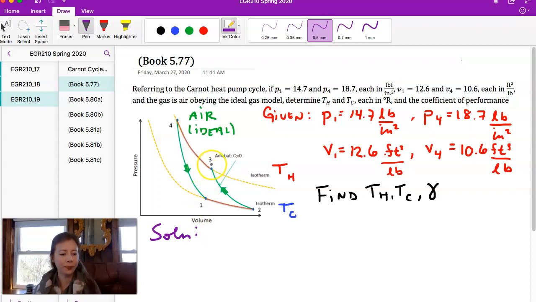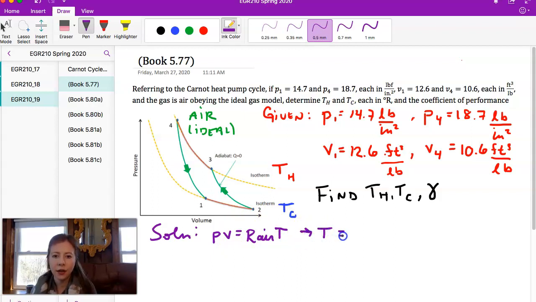Okay, so let's go forward with the solution. A good starting point, considering we're modeling air as an ideal gas, would be the ideal gas law. And so that's going to be PV is equal to R air times T. We're going to ultimately have to solve for T, because we're looking for TH and TC. So T is going to be equal to PV over R air.